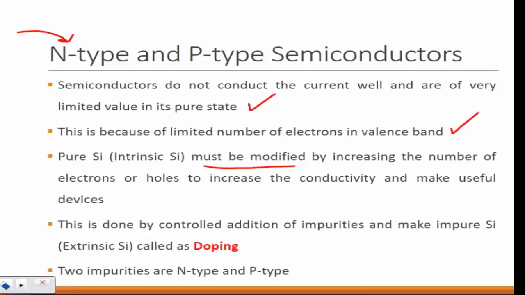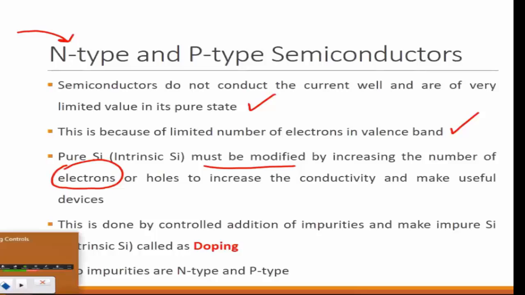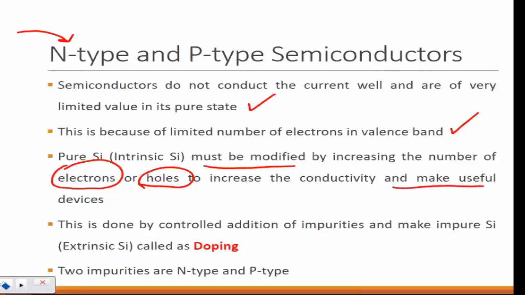But how are we trying to modify it? We need to make sure we either increase the number of electrons, or negatively charged particles, or we increase the amount of positively charged particles inside, so that we can make something useful out of that intrinsic silicon. If you make the number of electrons higher, that will become an N-type material.